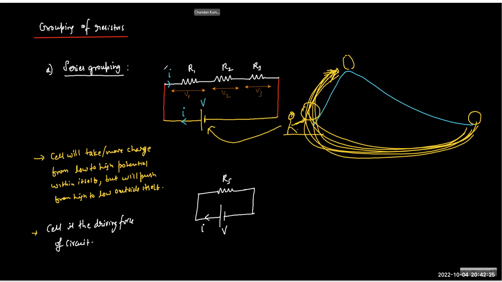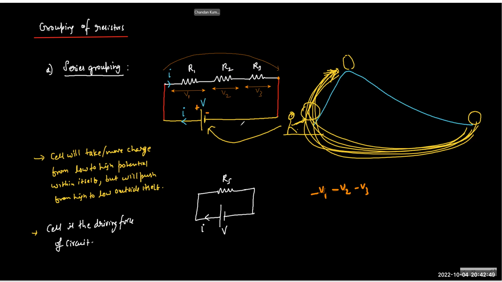So if you go from the left end to the right end, what is the net drop of potential? So minus V1 drop. Okay, drop, drop, drop. Now you're at the right end here. Come down. Then if you try to go back, what will happen? You have to rise, right?